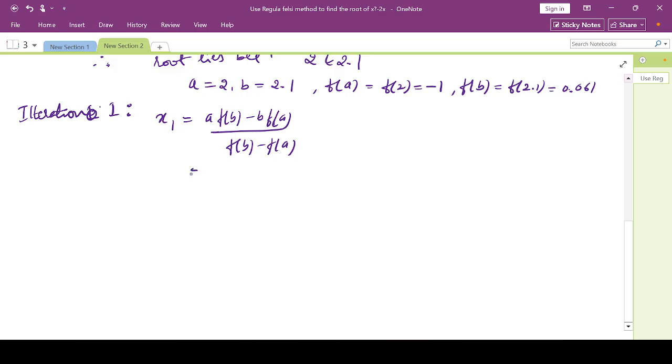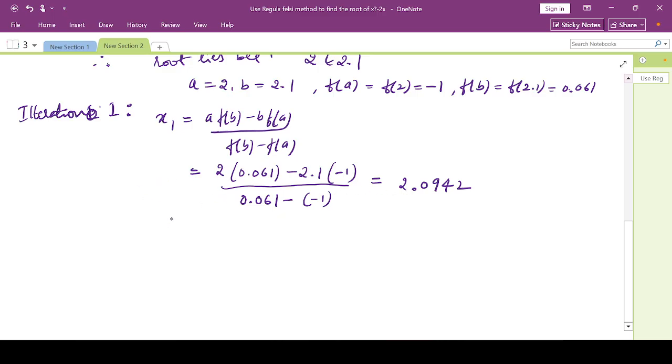Just substitute the value and observe, a value is 2, f of b value is 0.061 minus b value is 2.1 into f of a value is -1, divided by f of b is 0.061 minus of -1. So on calculation, you will get this value is 2.0942.